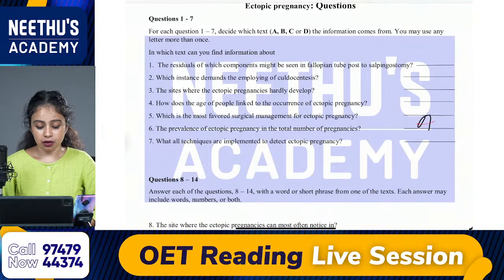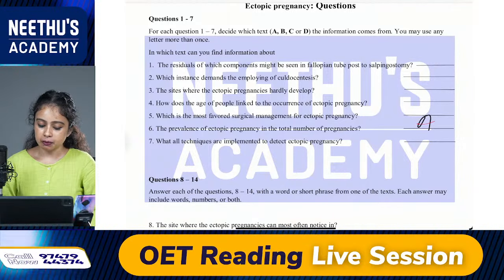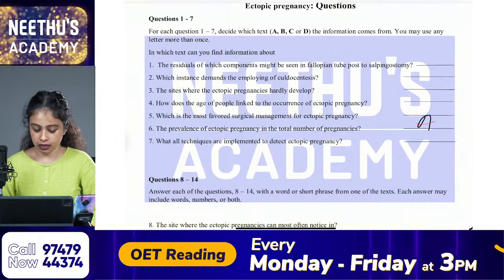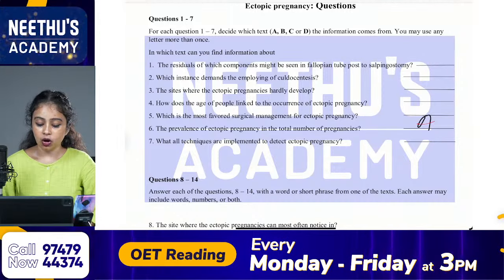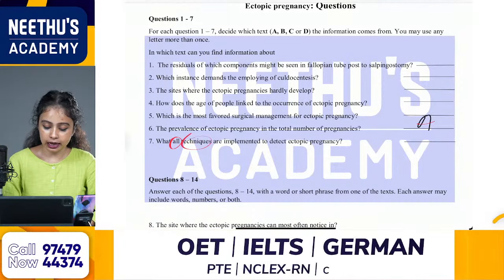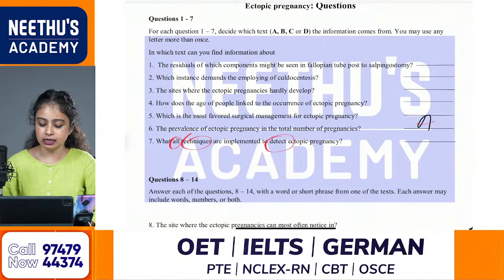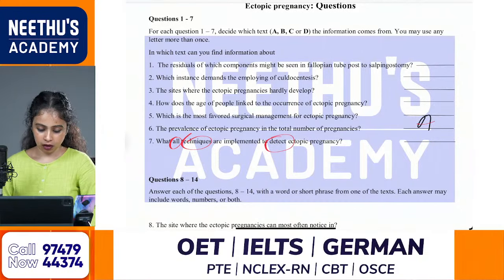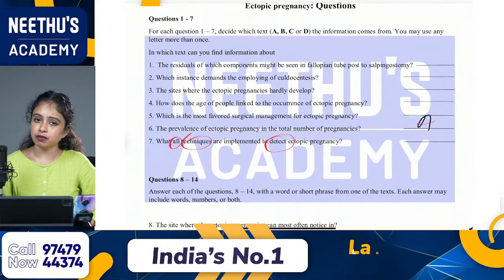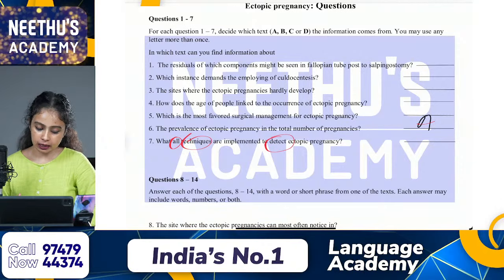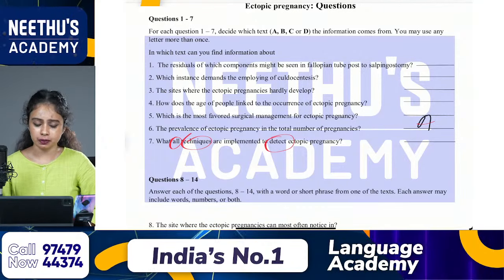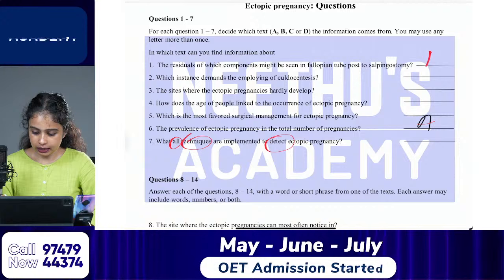Then the seventh one, what all techniques are implanted to detect ectopic pregnancy? So what all techniques are implanted to detect, diagnose, identify. Any idea? Seventh one. Yes, Tomy, very good dear. It is the fifth one, it is text A. What about the seventh one? Any idea regarding the seventh one?